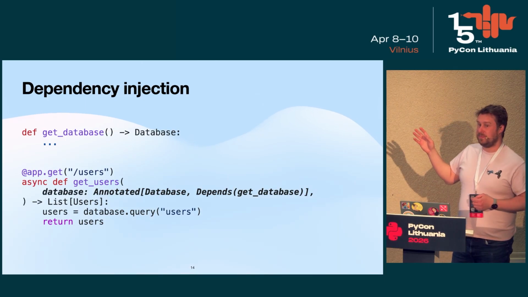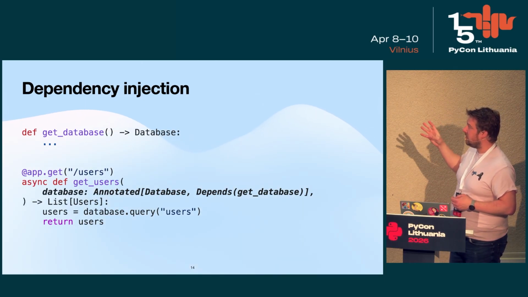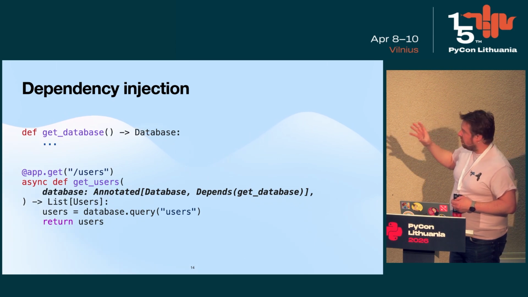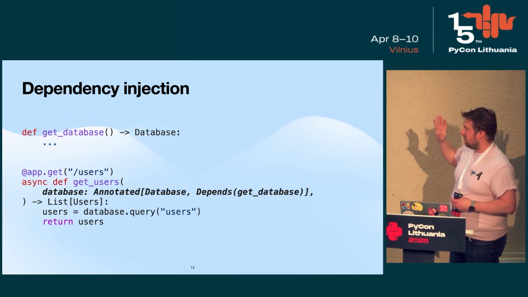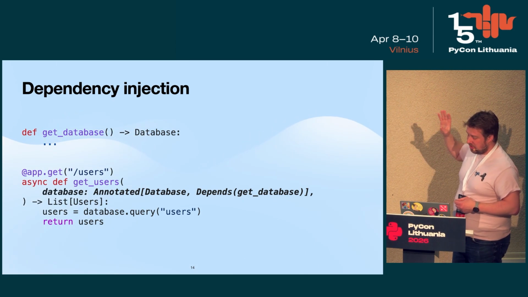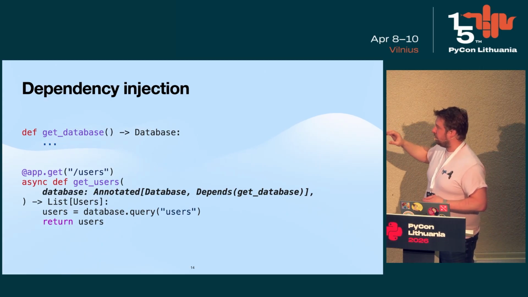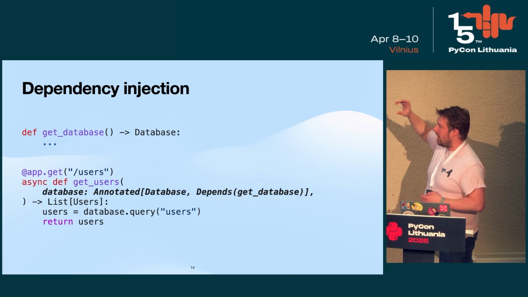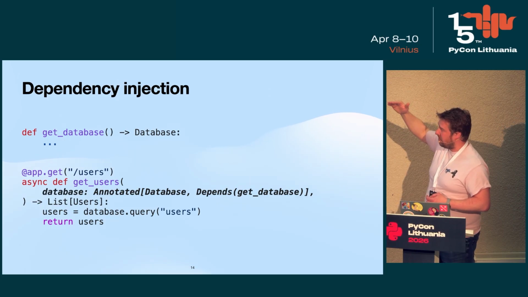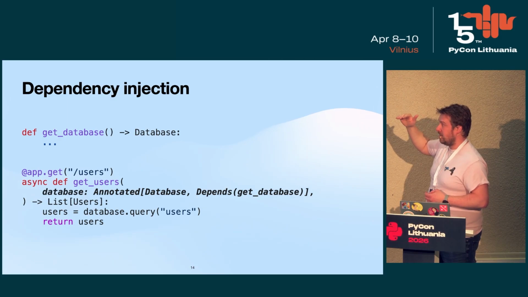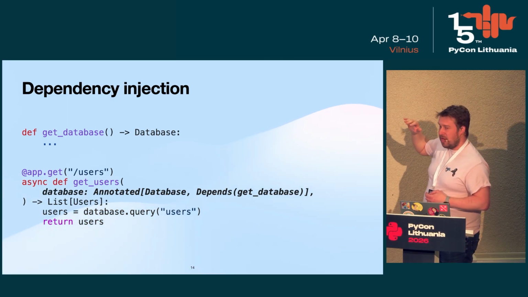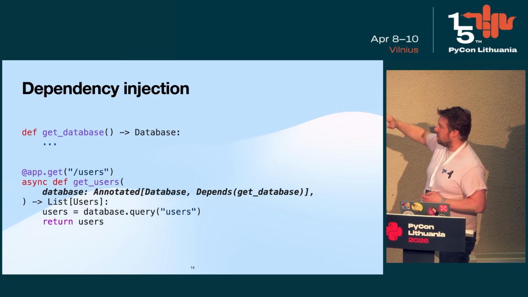Dependency injection was the next feature, and I do love this feature. This is no exaggeration. Dependency injection is awesome. So we've already seen that in our handler functions, we had path variables, we had request bodies passed in as arguments. We can also get our dependencies passed in as arguments as well.